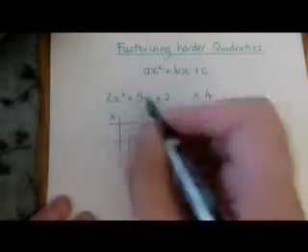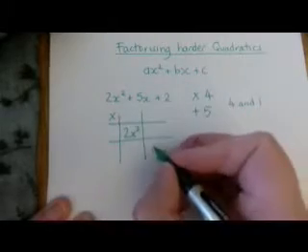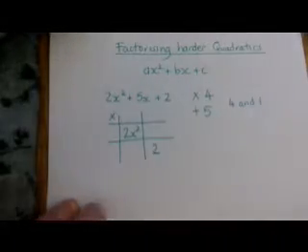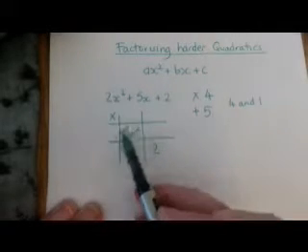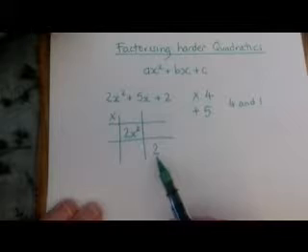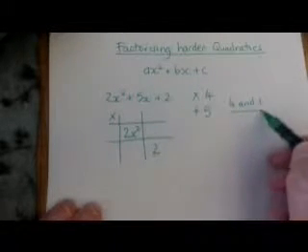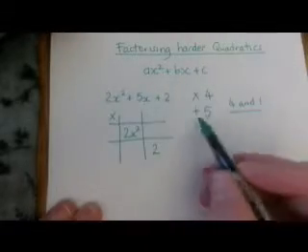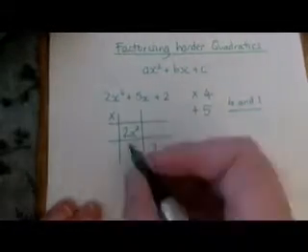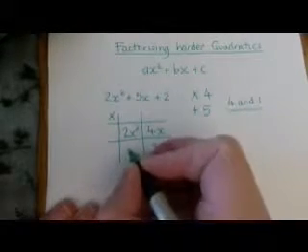So we're going to pop some of these parts into the grid. So 2x squared will go in the top left of the grid and 2 will go in the bottom right. The 2 numbers that we've found that multiply to make 4 but add to make 5 are 4 and 1. They will go into the grid as our x values here.